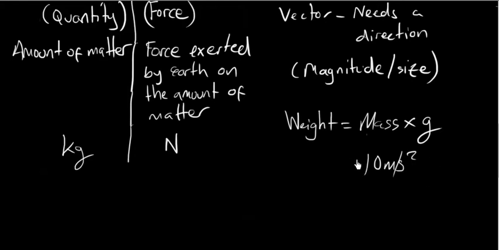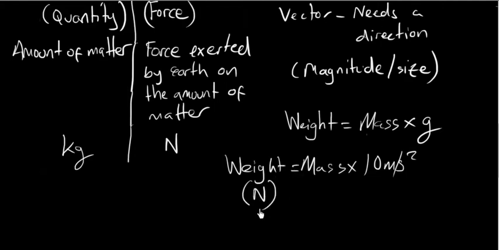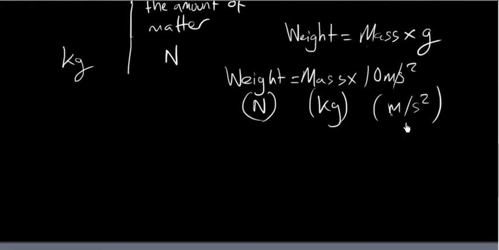So if you get your mass and you multiply it by 10 meters per second squared, then you get weight, which is in newtons, mass is in kilograms, and acceleration is in meters per second squared.